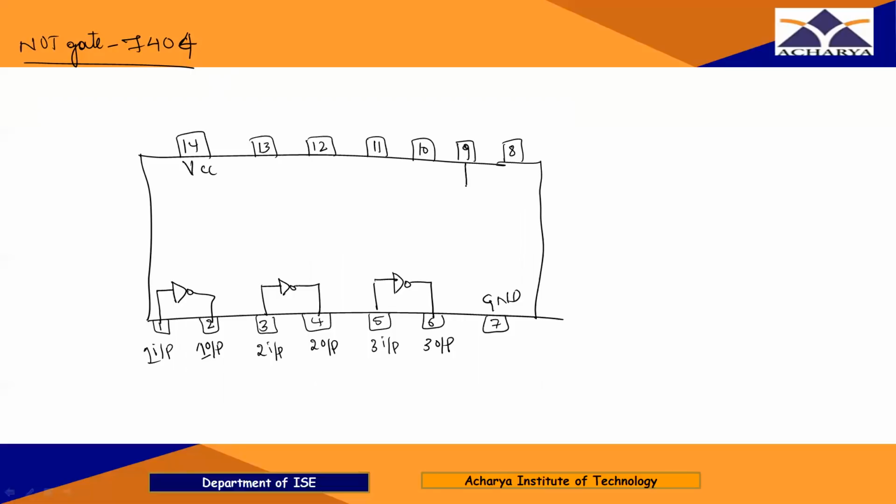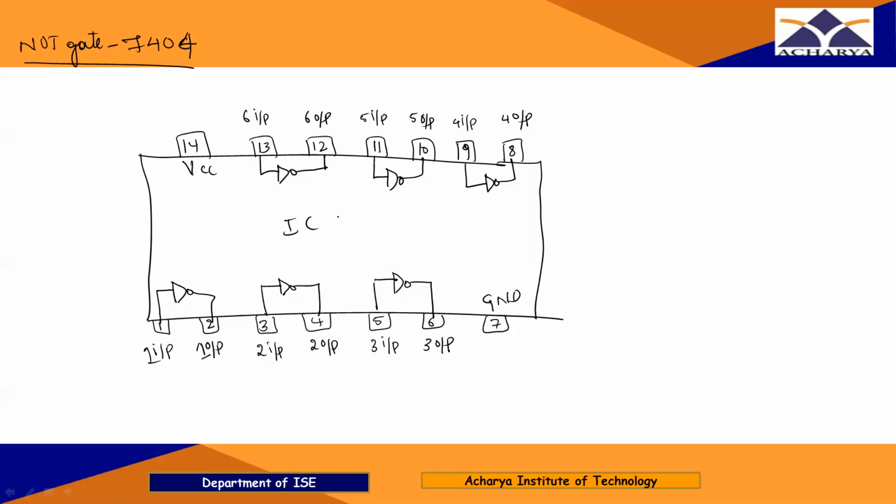And pin number 9 is the input, pin number 8 is the output for the fourth gate, and pin number 11 is the input and pin number 10 is the output for the fifth gate, and pin number 13 is the input and pin number 12 is the output for the sixth gate, right?